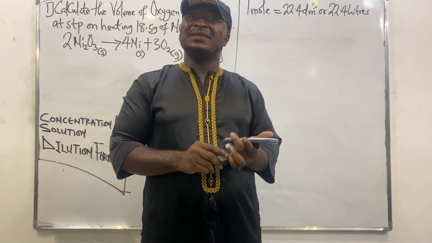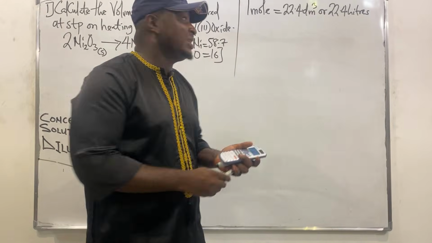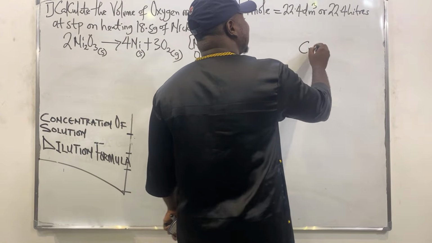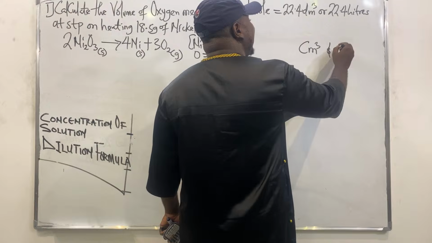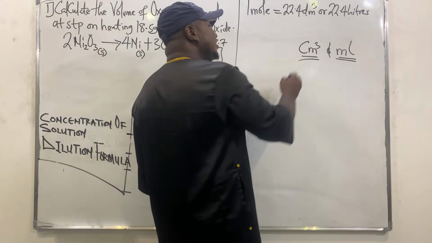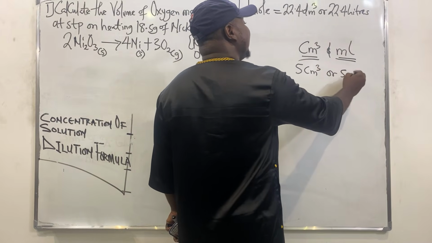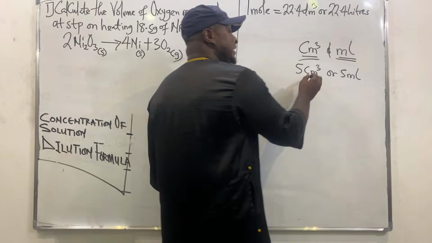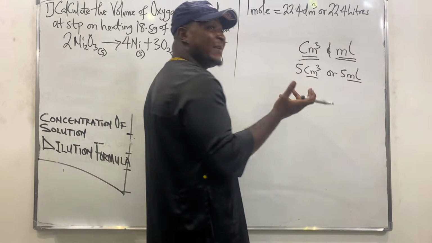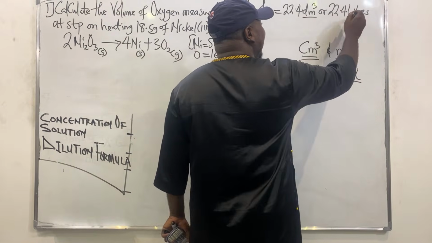Just like cm cube and milliliter have the same value. So if someone tells you 5 cm cube, they are indirectly telling you 5 milliliter.